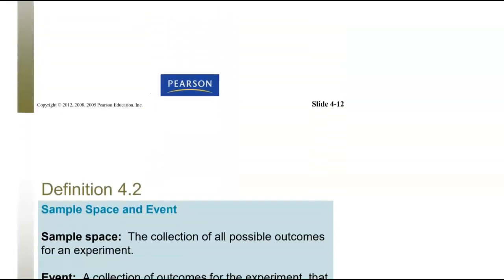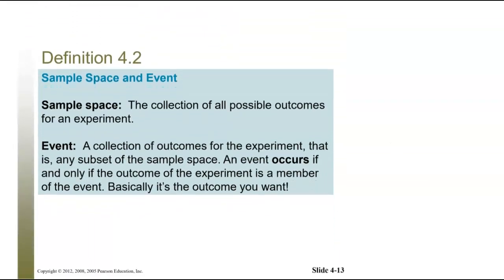So let's talk about events. We already discussed sample space, the collection of all possible outcomes, and the event is the collection of outcomes for the experiment. That is any subset of your sample space. An event occurs if and only if the outcome of the experiment is a member. Basically, it's the outcome you want.